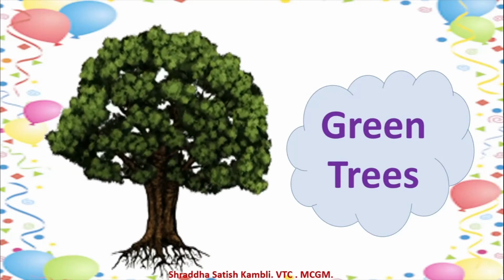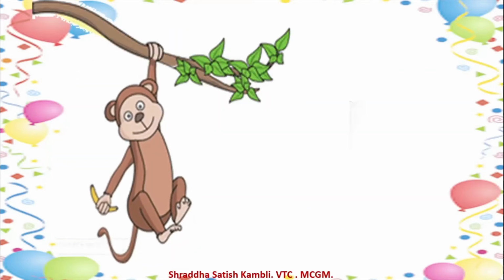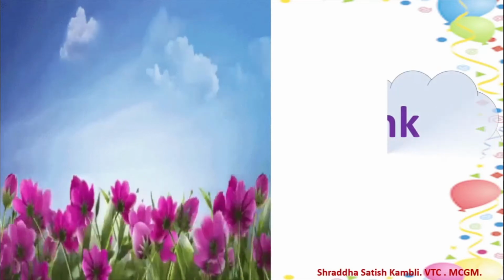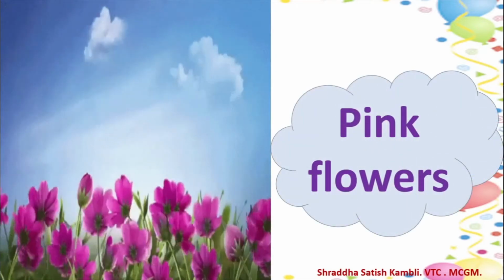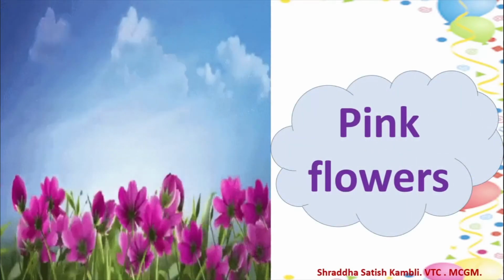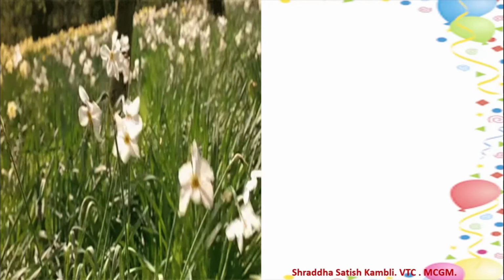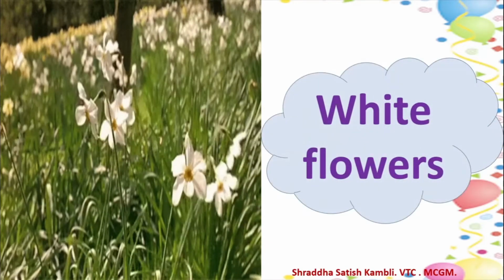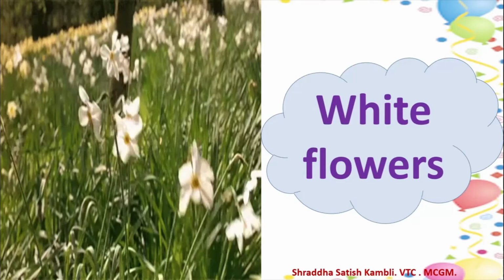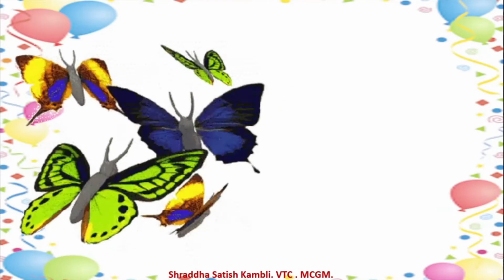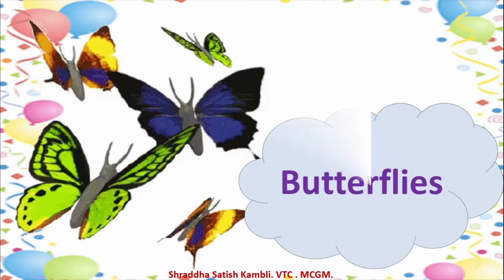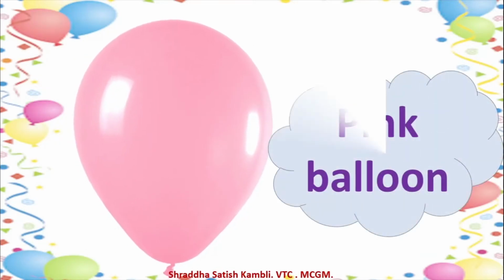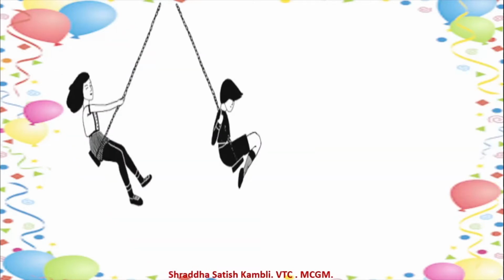Green trees, very good. And a monkey. Then, yes, pink flowers. Along with pink flowers, there were also white flowers. What else was there in the park? Butterflies. Then there was a pink balloon in the park. Okay?